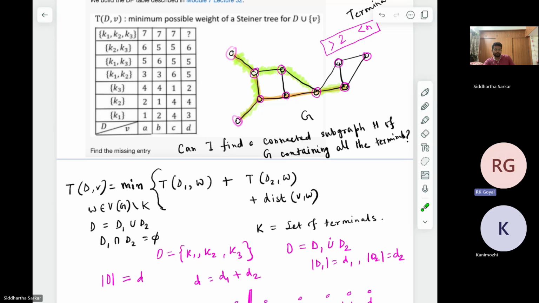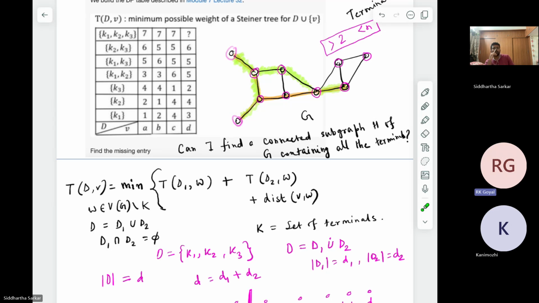Even identifying the base case is not that easy this time.